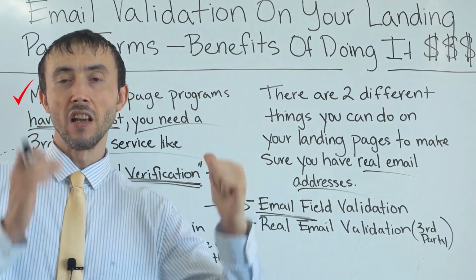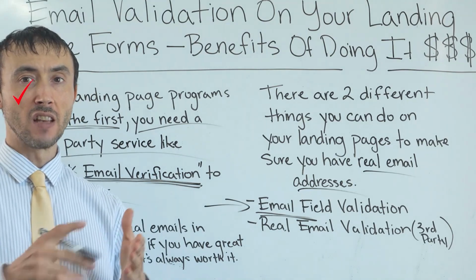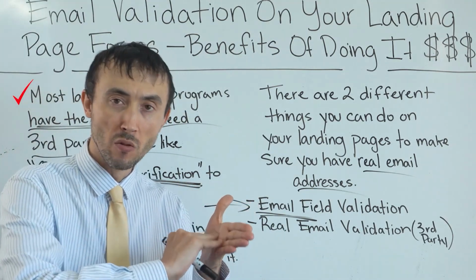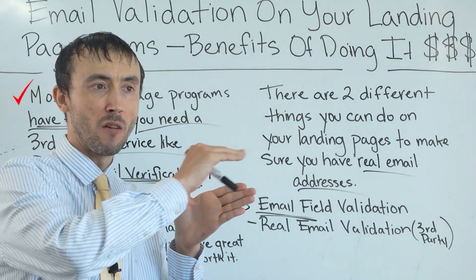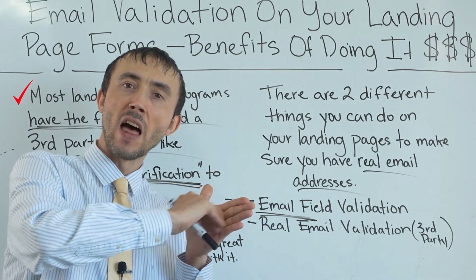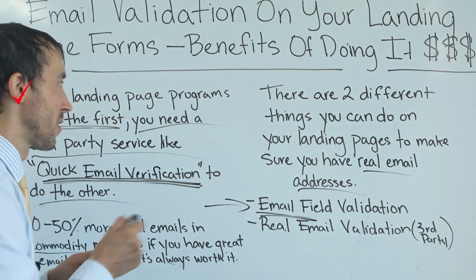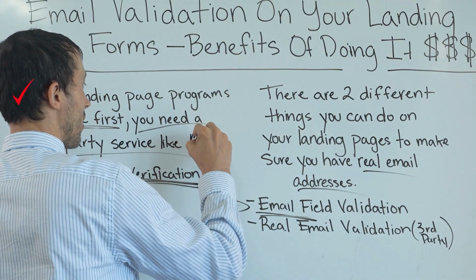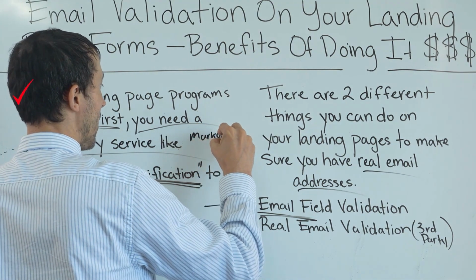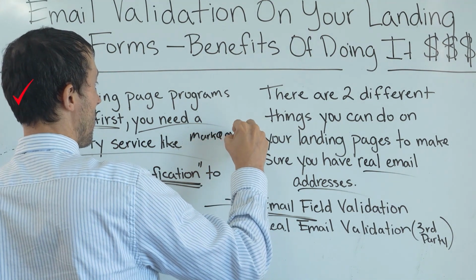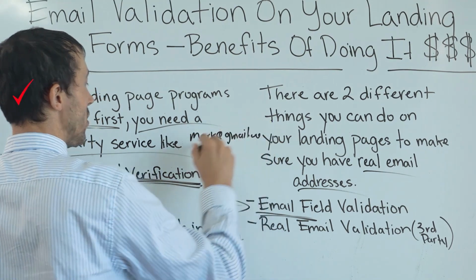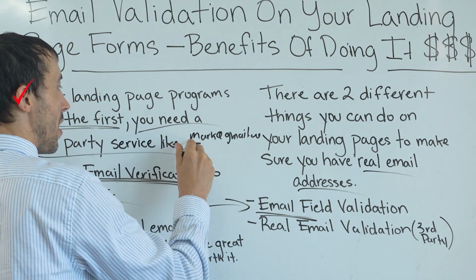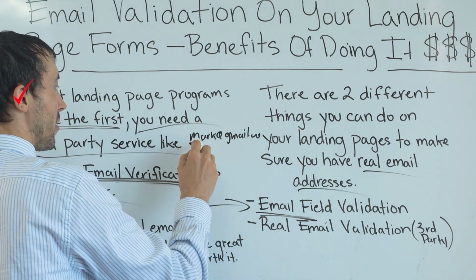And like I said, your other option is as they type in the email address, you can have it say, this is not real, until they've filled out a full email. If your email was mark@gmail.com, as you type in just the first letter M, it'll say, sorry, this isn't a real email.